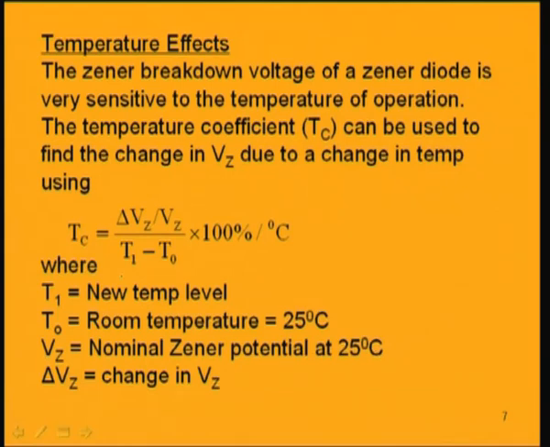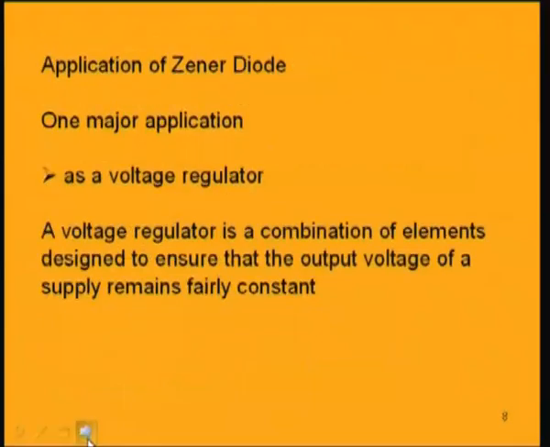So, if we have a change from 25 degree centigrade, that is T1, with this expression we can calculate what is the change in Vz from the nominal Vz, that is the Zener voltage at 25 degree centigrade. From that, what change occurs due to the change in temperature can be calculated, and if we know del Vz we can find out what is the new Vz, that is equal to old Vz plus this delta Vz. So, temperature has an effect on the Zener voltage.